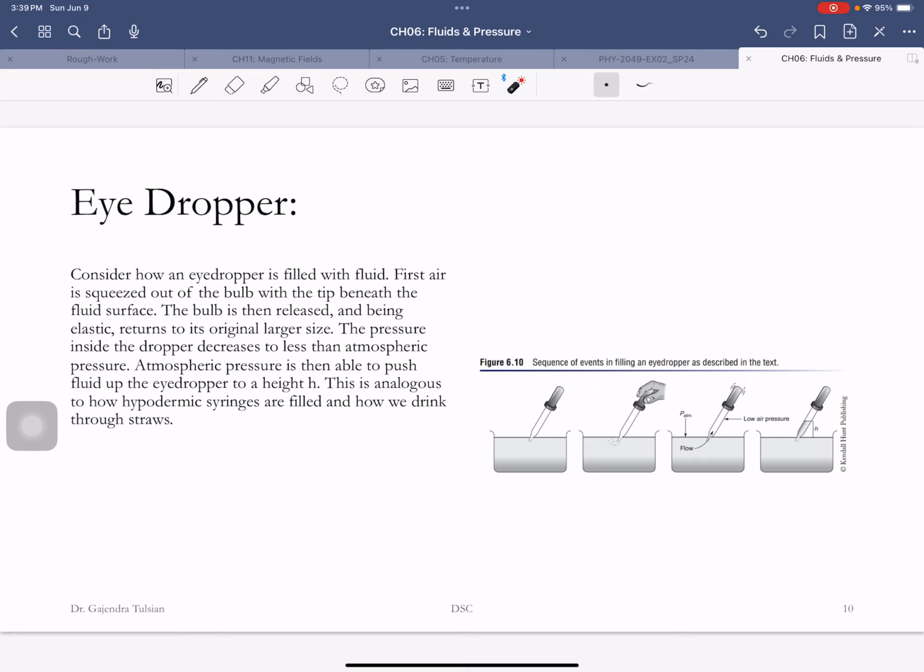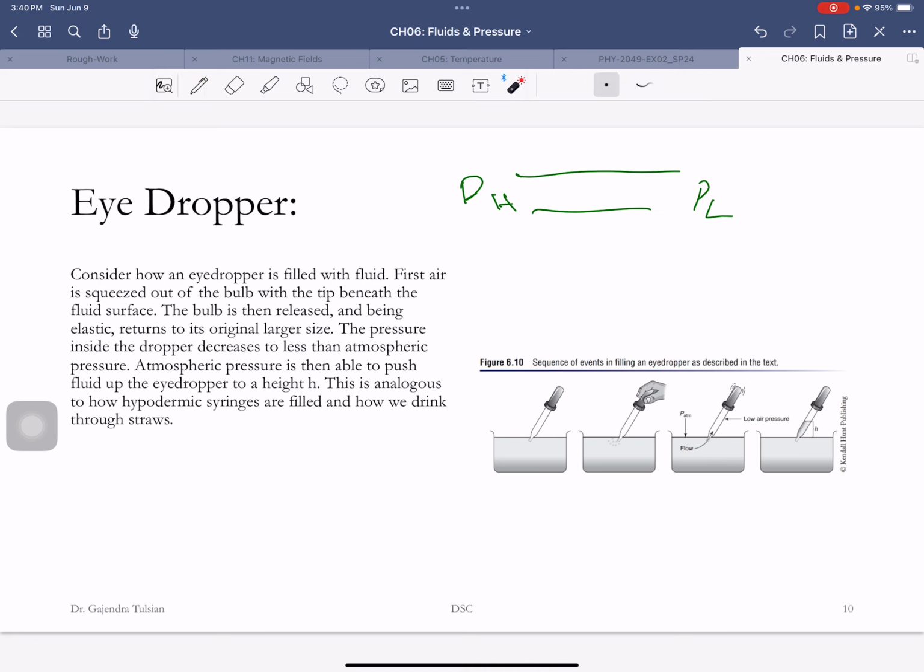So here's how an eyedropper works. You put the dropper underneath the liquid surface, you squeeze the dropper and you're forcing air out, and once you let go of the bulb, now there's a partial vacuum created, and remember, fluid flows from a higher pressure to a lower pressure.